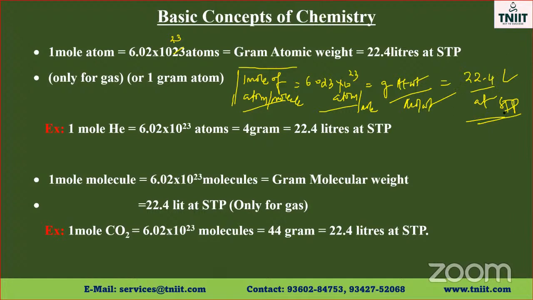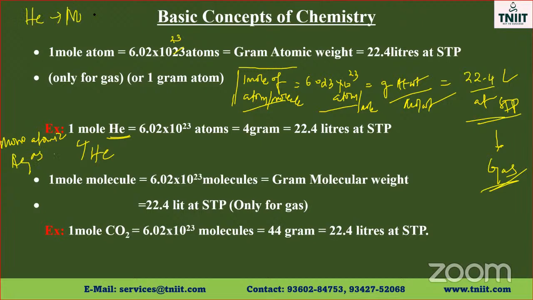See, this 22.4 liters at STP is applicable only for gas. Solids or liquids will not occupy this volume. So take 1 mole of helium. Helium is a gas, and its atomic mass is 4. Helium is a monoatomic gas. Why? Because helium is a noble gas, so it does not exist in a combined state.